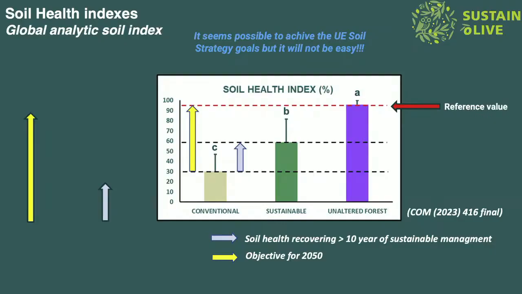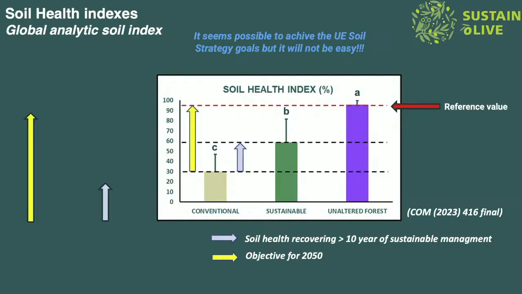We can see that in about 10 or 15 years of application of sustainable practices, we achieve almost half of the objective or target that the soil monitoring law establishes, to recover for European soil the maximum soil quality level.